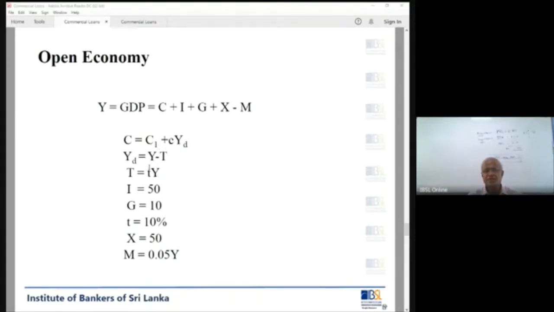T equals tY. Investment equals 50. Government expenditure 110. Tax rate is 10%. Exports depend on the income of the rest of the world, other countries' GDP. But import demand depends on our GDP: 0.05Y. Then we can substitute this.